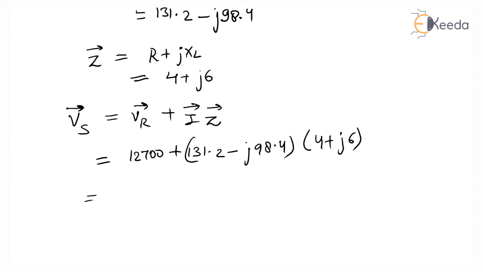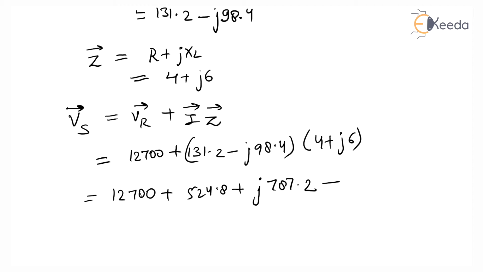So this is equal to 12700 plus 131.2 into 4, which is equal to 524.8. Then plus 131.2 into 6, this is equal to j787.2.